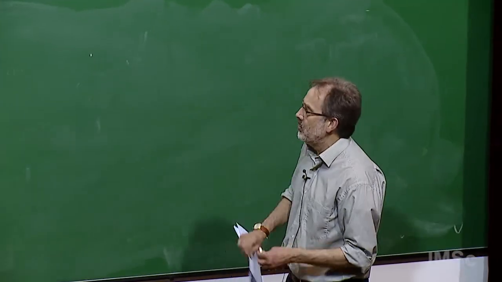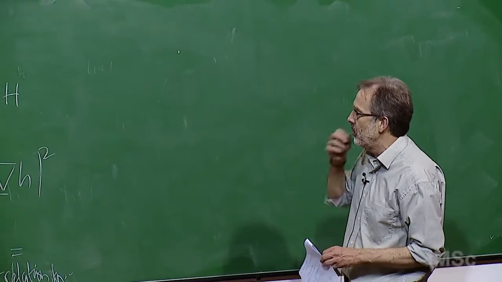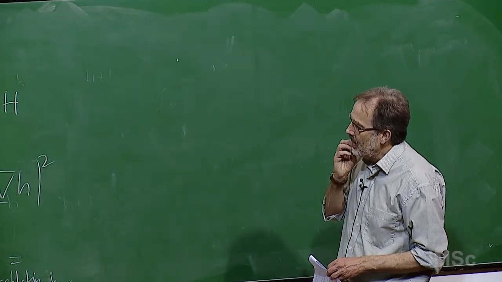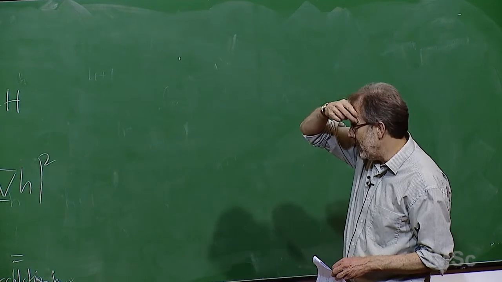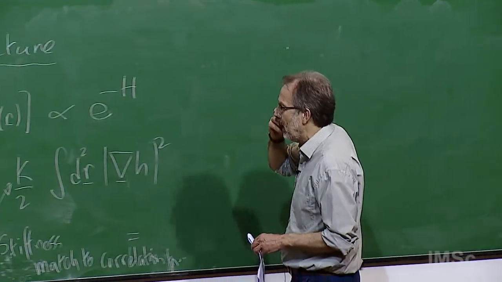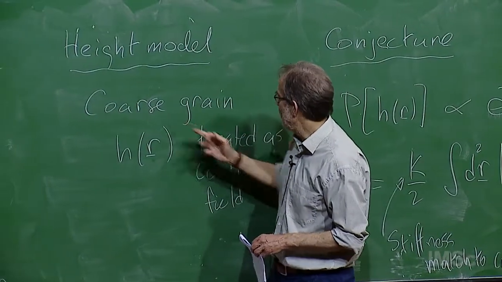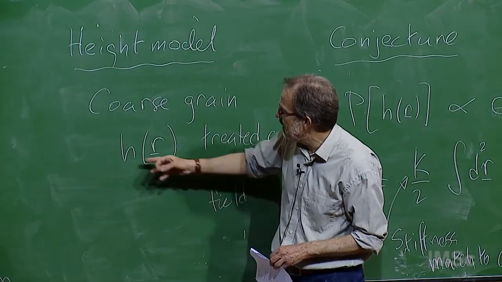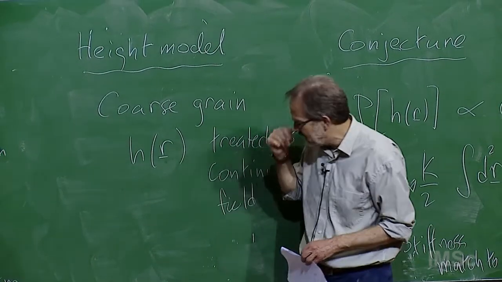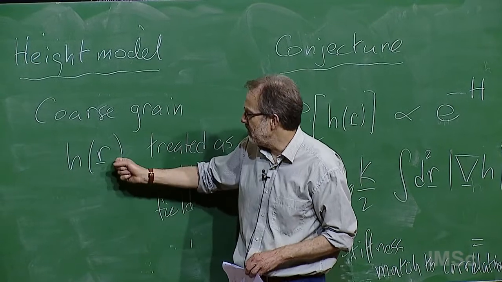Okay, so two final points. The first one is to do with approximations that we made in getting to this height model that you might reasonably be worried about. So I said that when we treated H as a continuum field, I meant the word continuum to be applied to two things.